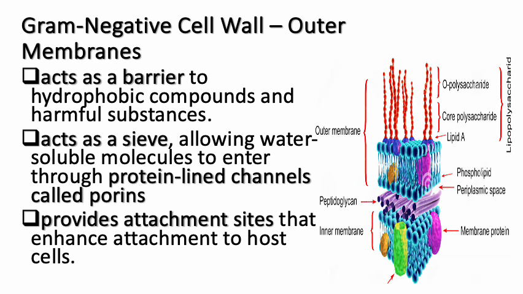It also provides a vital function in evading host defenses because it contains a strongly negatively charged outer membrane, which is an important factor in evading phagocytosis by phagocytic cells. It is also considered the endotoxin. The outer membrane comprises the endotoxin molecules, responsible for the virulence of most gram-negative bacteria.